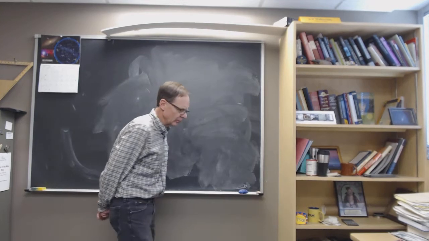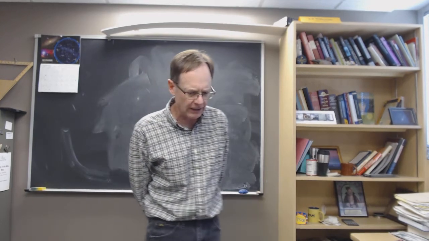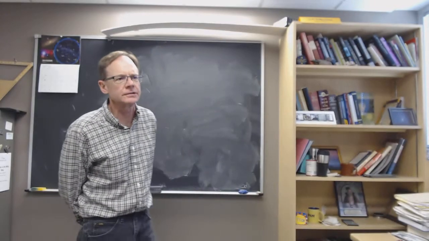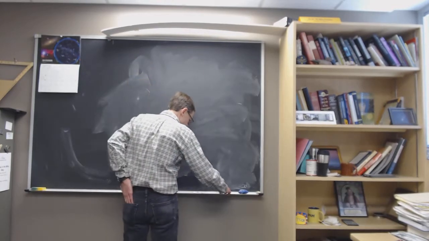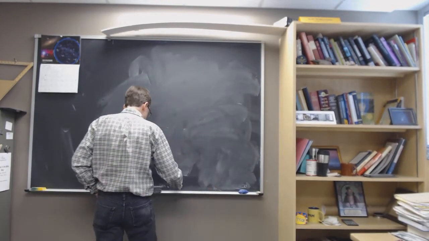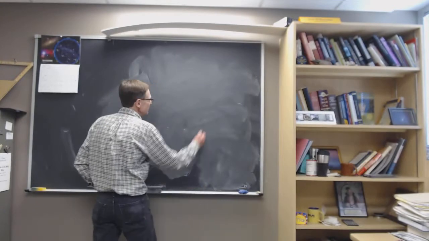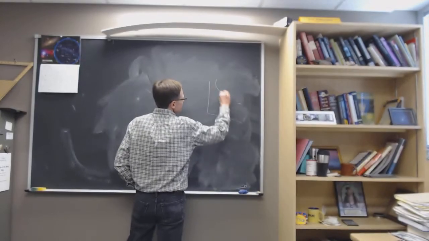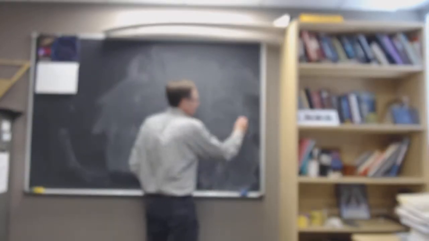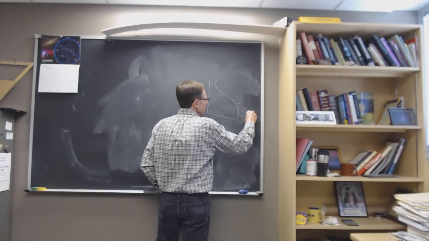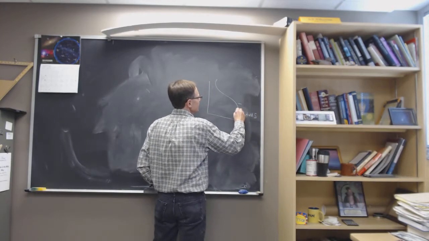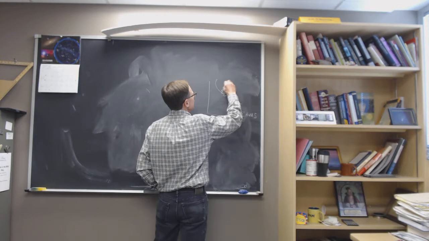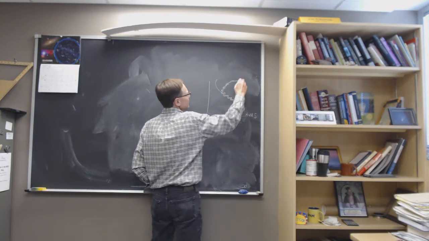In lab, we're working with HR diagrams of open star clusters, and we see pretty clear evidence in those HR diagrams that there's your zero-age main sequence, and stars all along the main sequence, and then at some point they start to walk off and become giants up here.